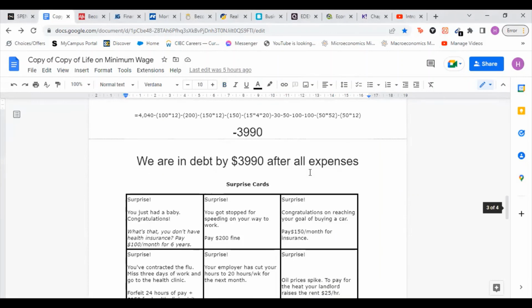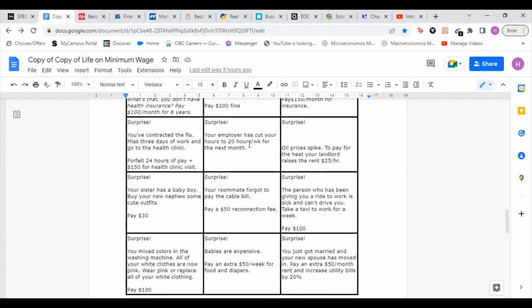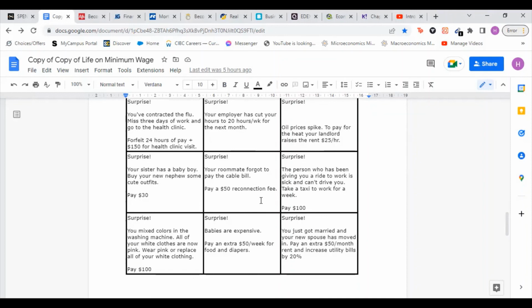And then there are all these surprises that come up, a lot of surprises, like baby, speeding, buying a car, missing work, cutting your hours, oil prices spike, baby boy, cable bill, taxi, new clothes, more diapers, food, and then more rent.